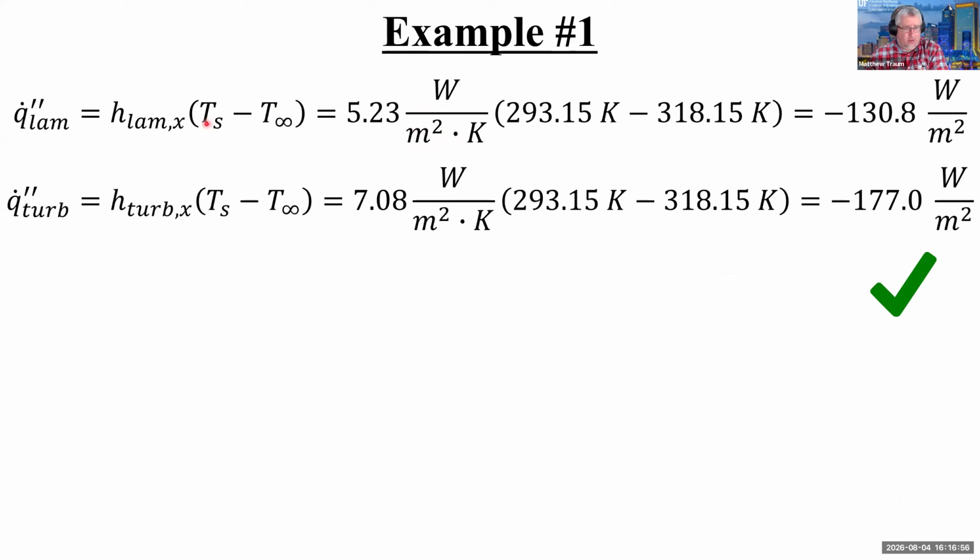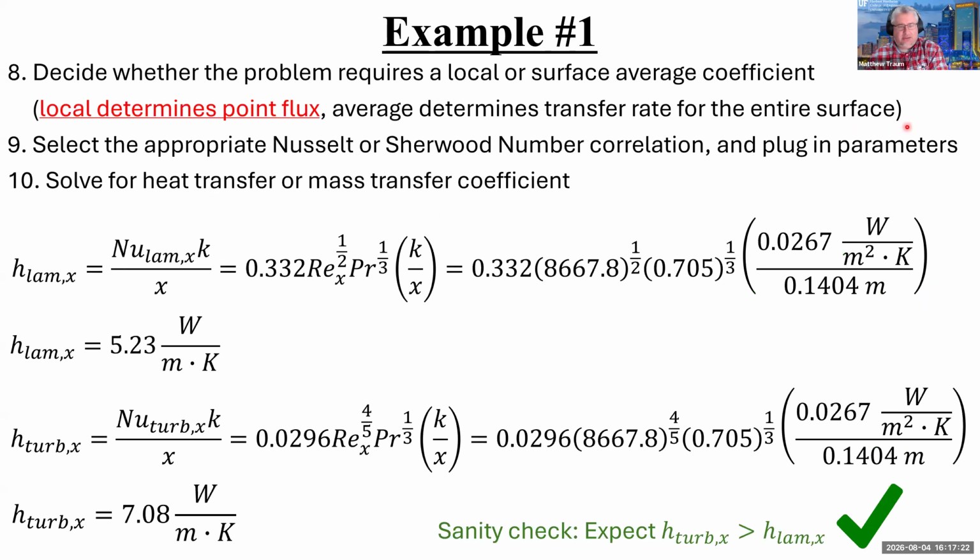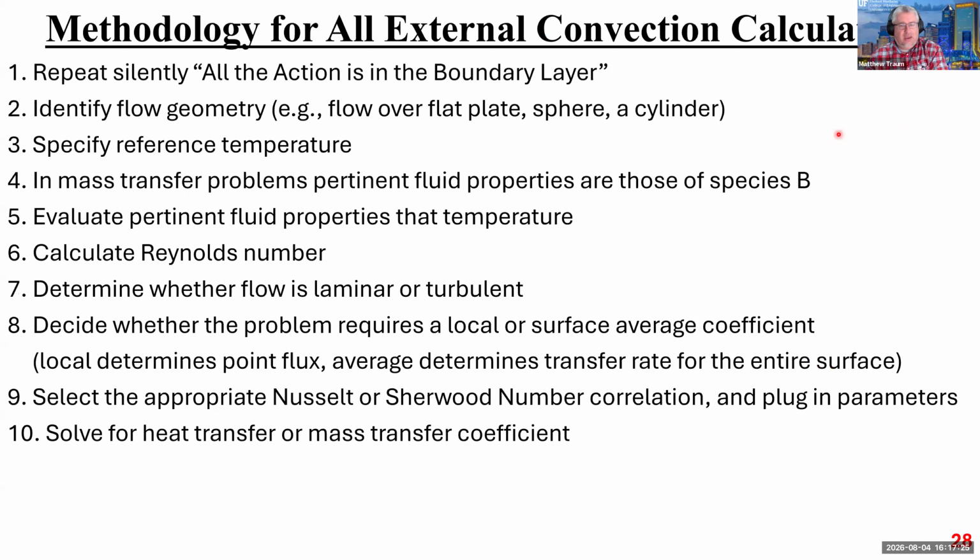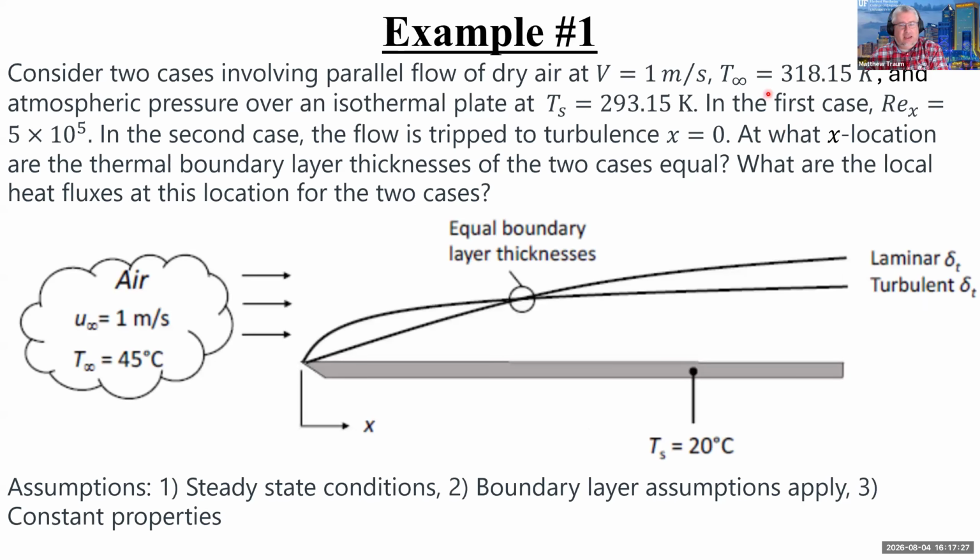So here's Newton's law of cooling, right? So I'm looking at watts per meter squared at that particular spot. I know the convective heat transfer coefficient at that spot. I know the temperature difference because that was given in the problem. So here I am just plugging in the numbers, and I get minus 130.8 watts per meter squared. Minus, why is it minus? Well, it's minus because, remember, the plate is colder than the air.